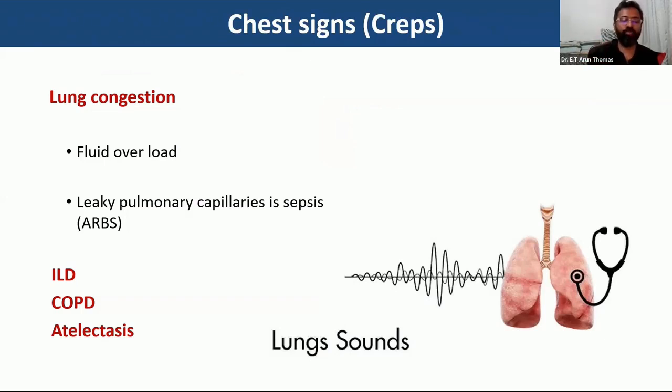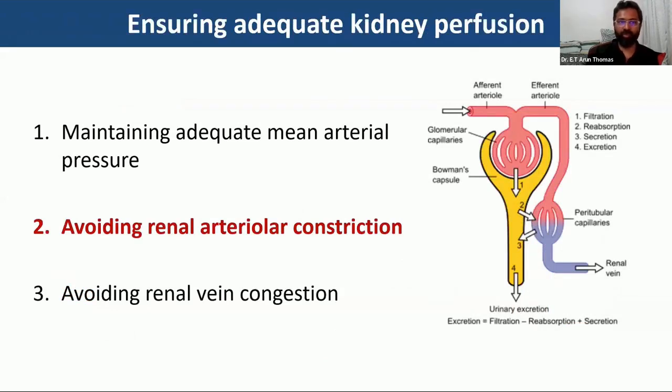And also ILD, COPD, lung atelectasis. Lung atelectasis is very common in the ICU patient. These all produce crepitation, so you will be misled. It can mislead you to avoid fluid resuscitation. It can lead to consequences of depletion and underperfusion to the kidney. So that is all regarding how to maintain adequate intravascular volume, thereby maintaining the mean arterial pressure.